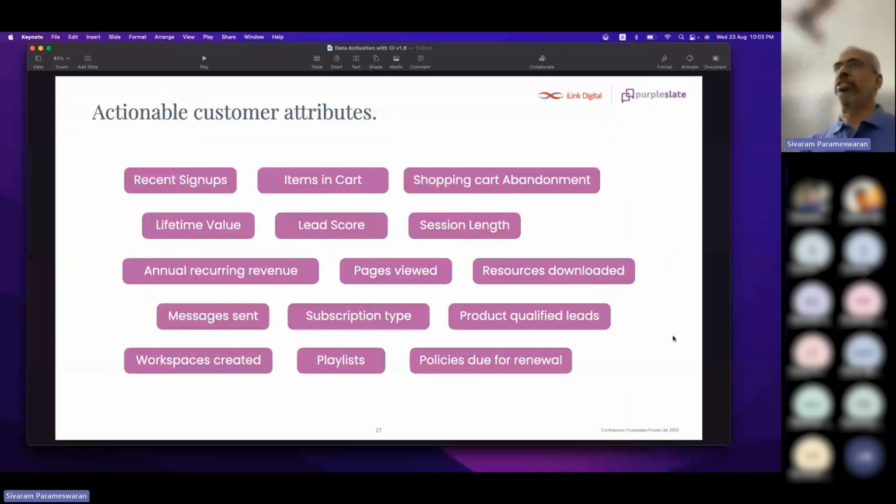It could be the recent signups. Maybe I can ask, how many new customers did we sign up last week? If it is 10 signups, I may want to take an action: let's send them a follow-up email, or a coupon, or a promotional email.